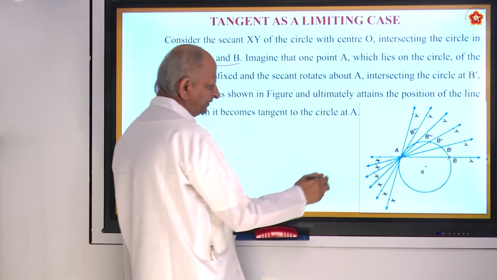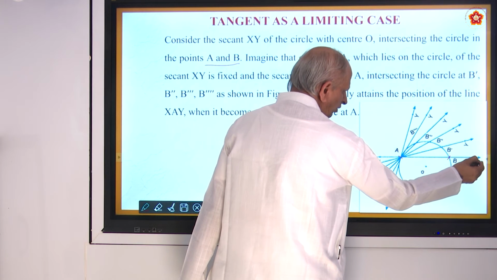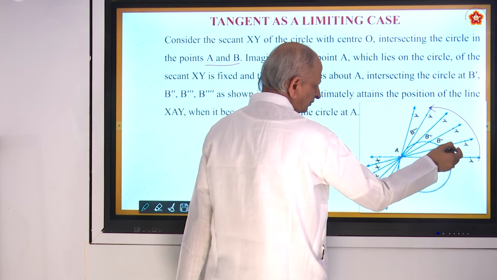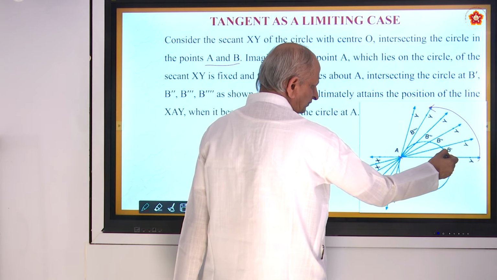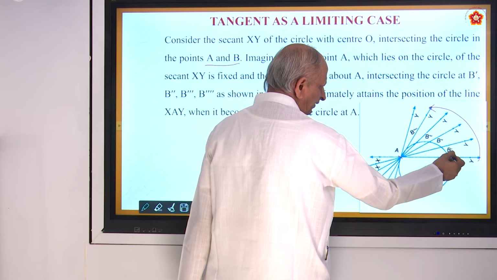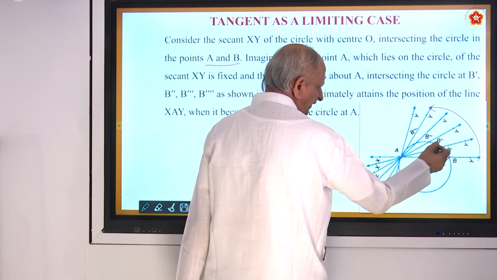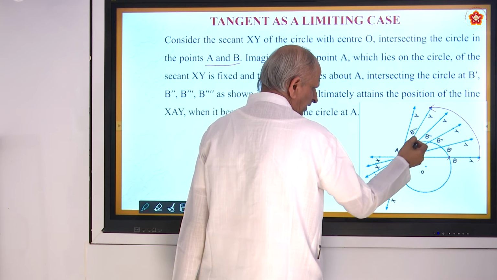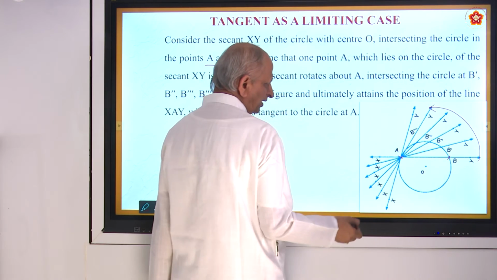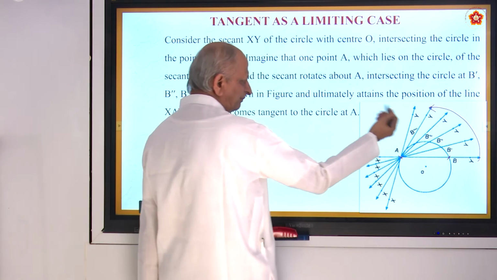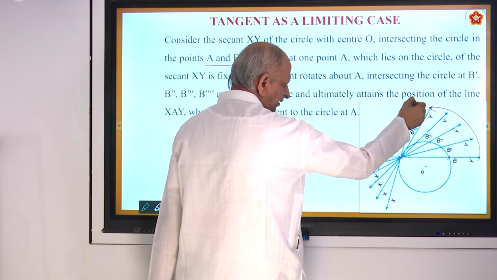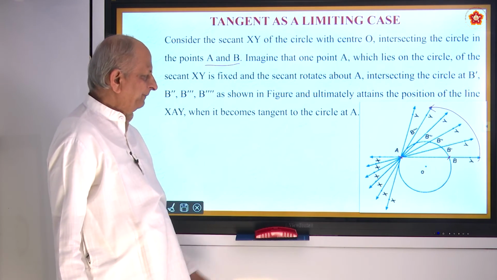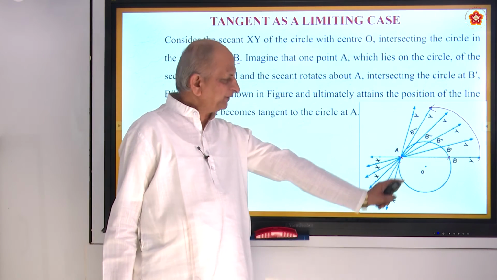So here, as you go on rotating, the secant touches the circle at 2 distinct points: A, B dash; A, B double dash; A, B triple dash; A, B 4 dash. At last, when you keep moving, it comes and touches at only one point, and that point is called the point of contact.